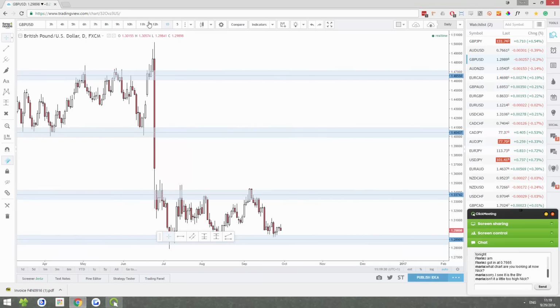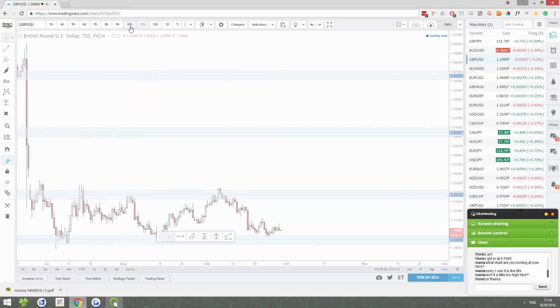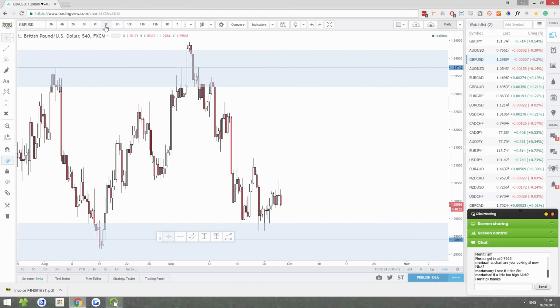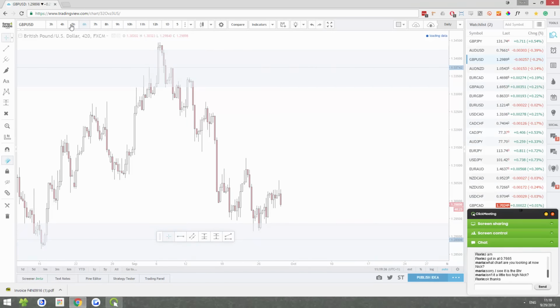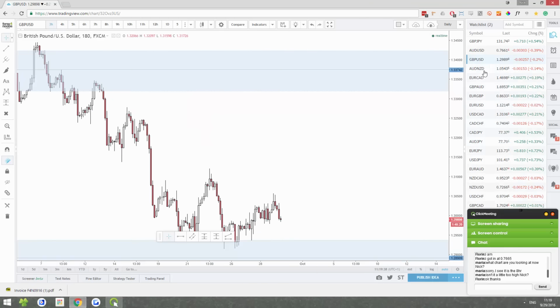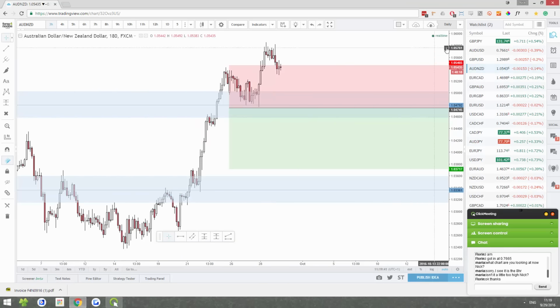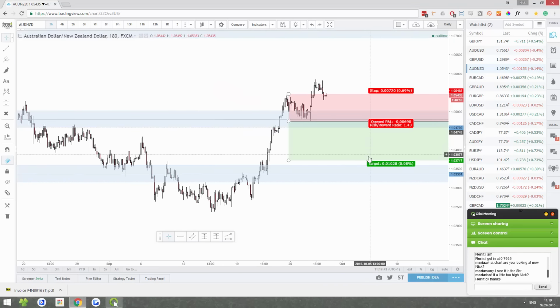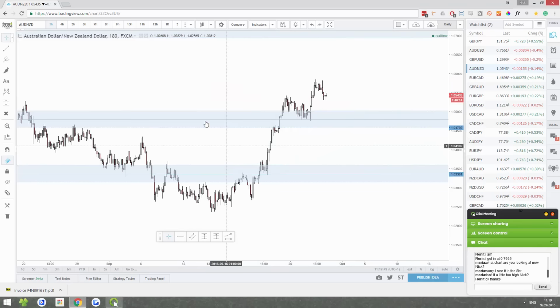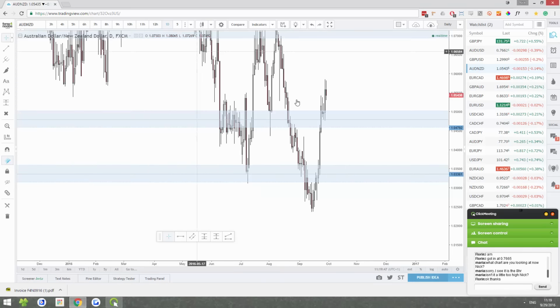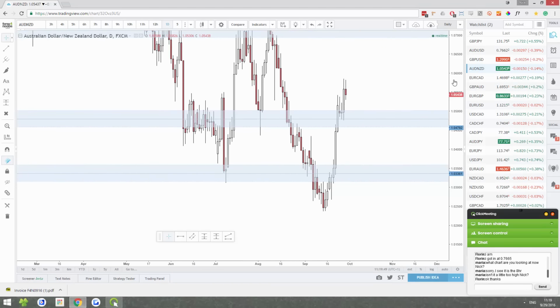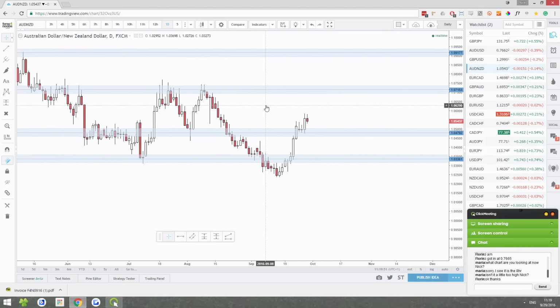All right, GBPUSD, nothing really happening here. It's already pushed up, so there's no potential reversal trade here. AUD New Zealand. What is that up to? That is completely weird.